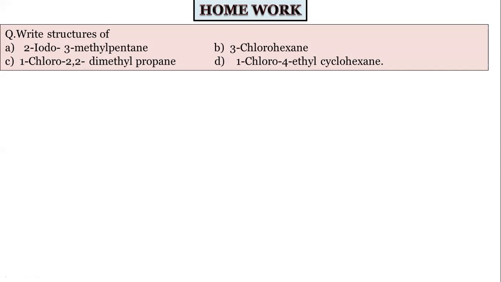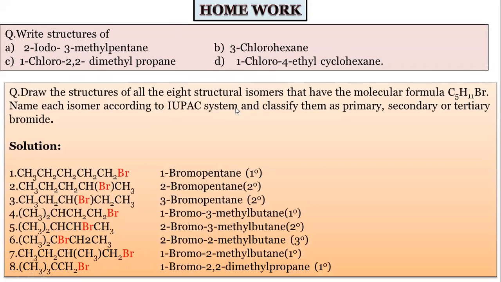Then this is today's homework. You have to solve this homework in your notebook. Write the structures. We have to draw the structure of 2-iodo-3-methylpentane. This is very easy. If you have any doubt, you can call me or WhatsApp me. One solved example is given.